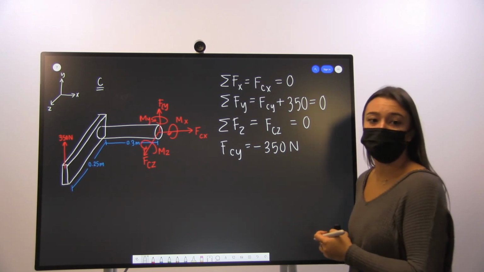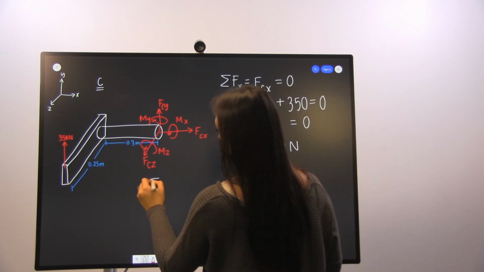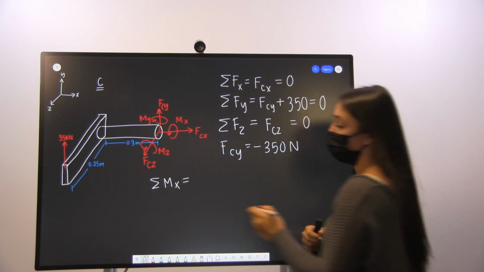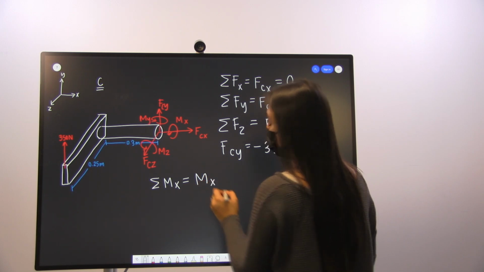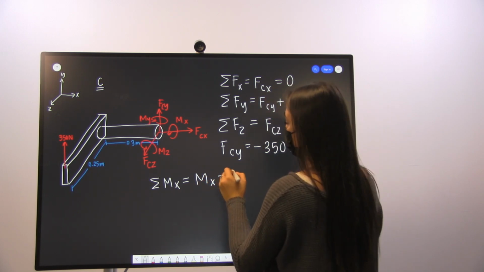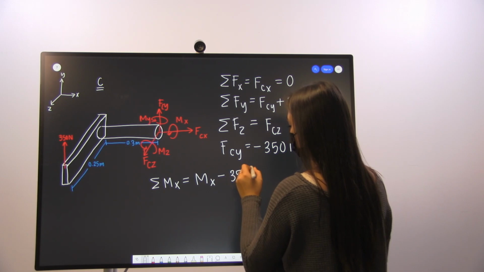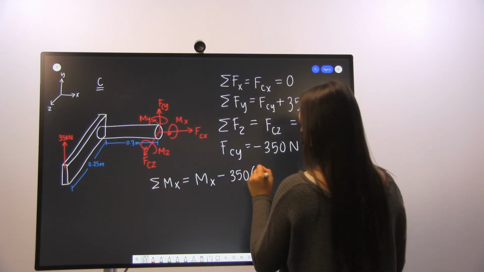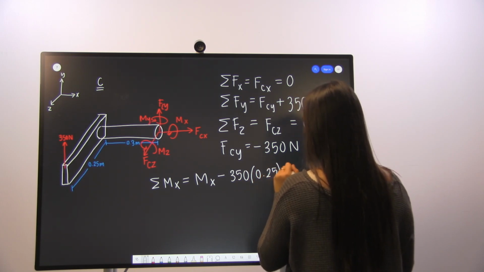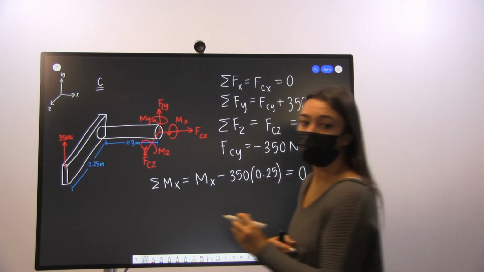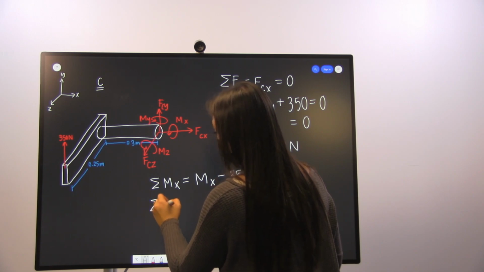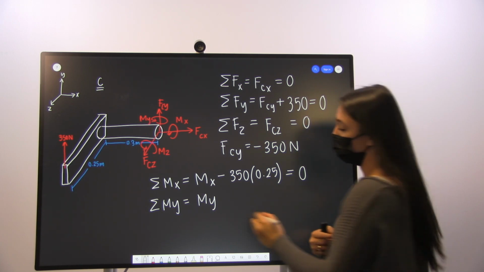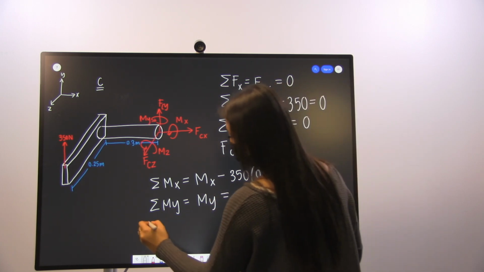And now we'll follow again the same process, but summing the moments in the x direction. We're going to have our moment Mx, and then subtract our 350 Newton force that's acting 0.25 meters away, and that all equals 0. In the y direction, we just have My, and at equilibrium, that's going to be equal to 0.